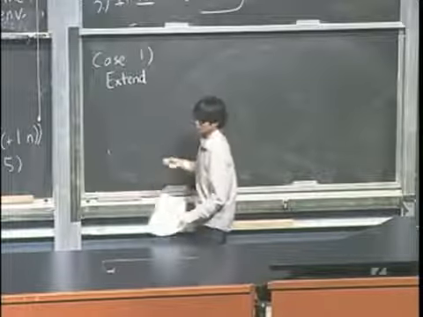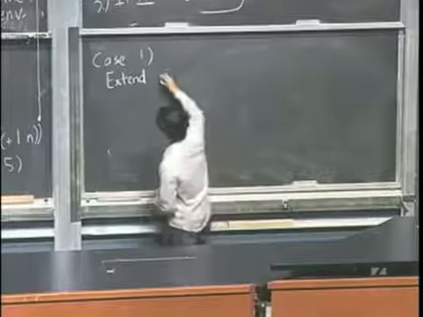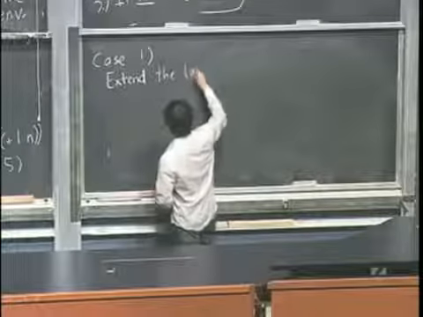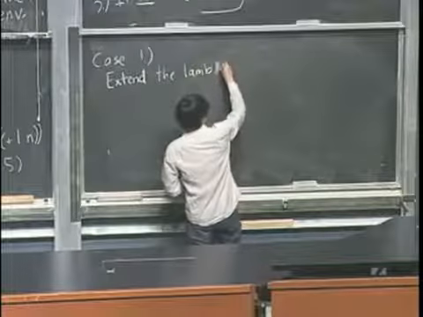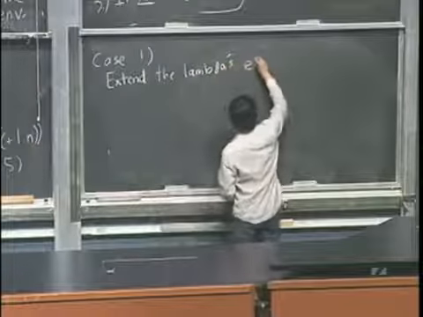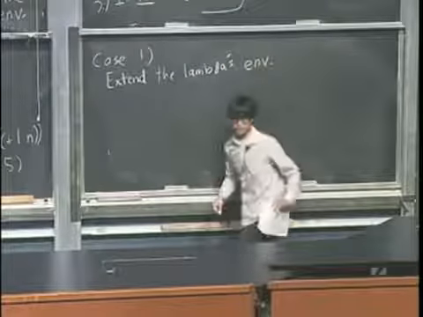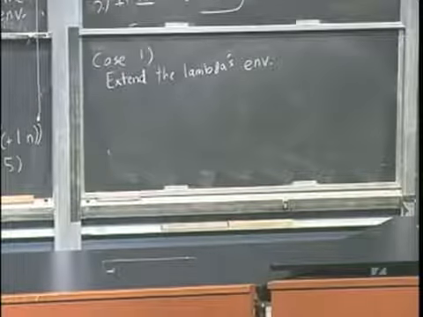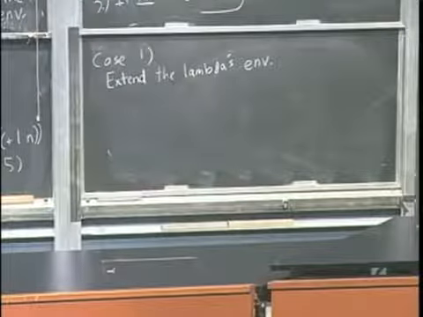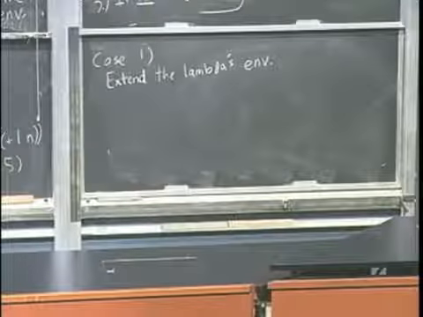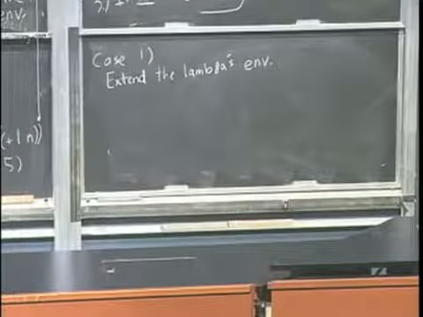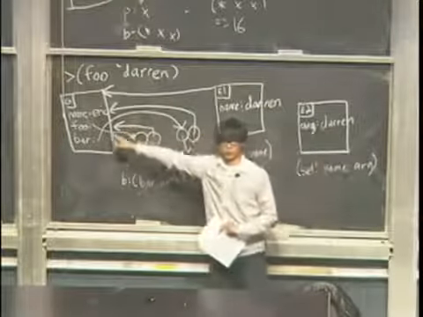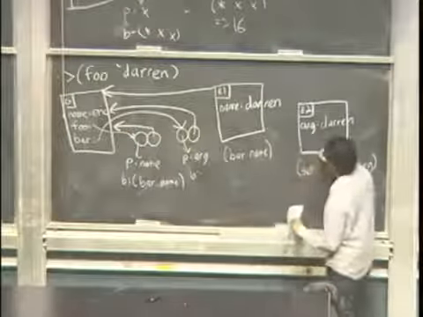One way you could do it is you could have your language always extend the lambda's environment. So in this case, we would have E2 extend not E1, but the global, because this environment is associated with this lambda, and this lambda says I was born in the global.